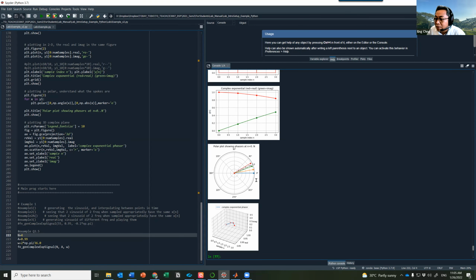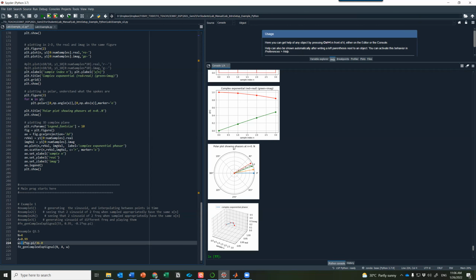Is the phasor rotating clockwise or anti-clockwise? Anti-clockwise, correct. So how do I make the phasor move clockwise? Can you see I put a minus here?